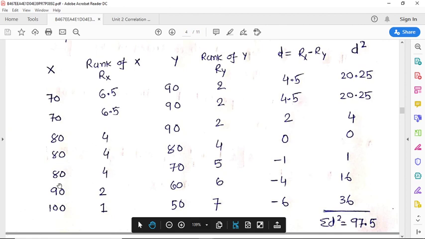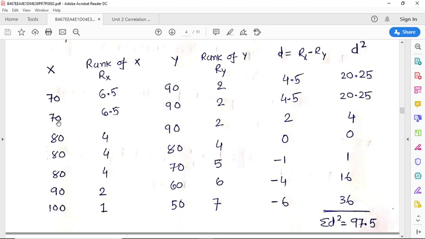And then after that, it is in the place of 6th and 7th. So 6 plus 7 is 13, and how many times is it repeated? 2 times. So 13 by 2 will be 6.5. So assign 6.5 rank to both values.